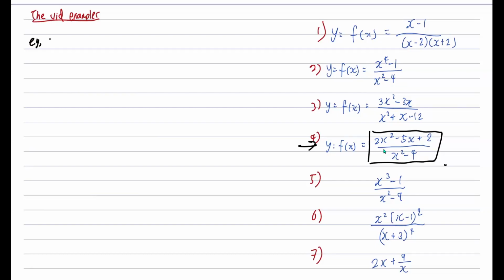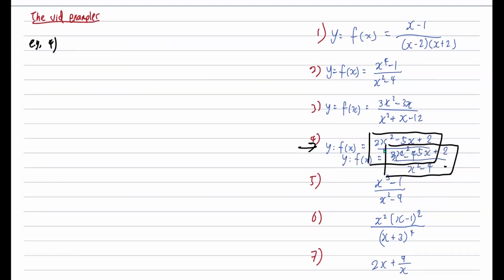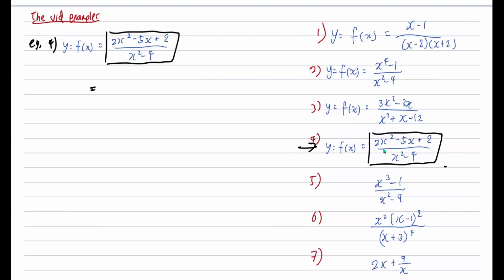Example number 4. We have, let me copy the function first. So what you realize is that there's a clever trick. You can factorize the numerator. So type into a calculator, get the roots and then work backwards. What you get as the factors are x minus 2 at the top and 2x minus 1 at the top as well.